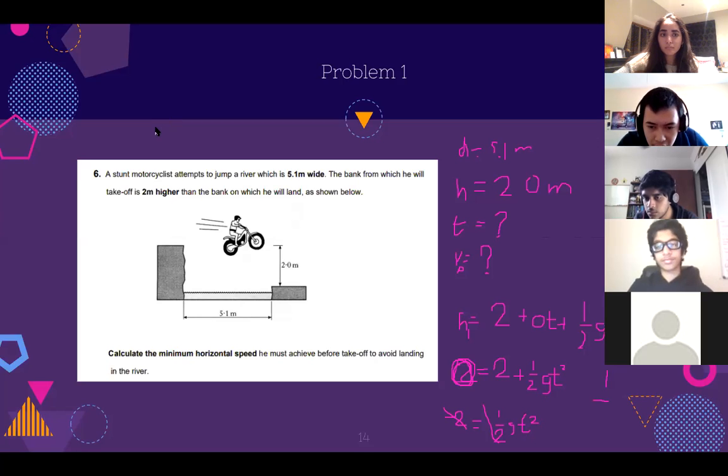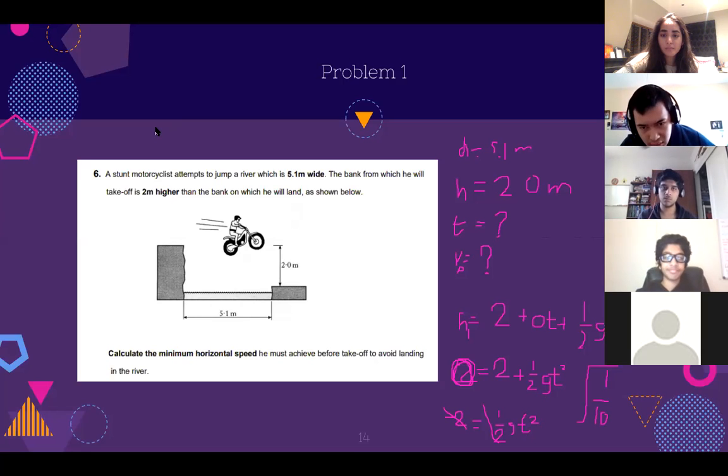So this is the time it takes, the square root of 1/10, which is about 0.31 seconds, or 0.32 seconds. So we'll just put that here.